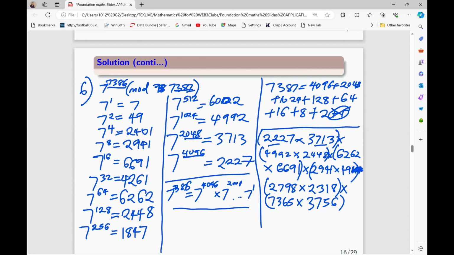So the first part we're going to find is going to be equal to 7365. Then we do the remaining part.